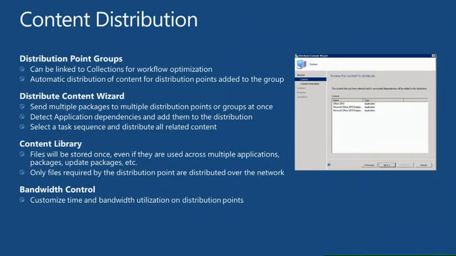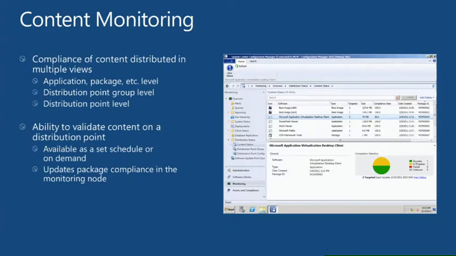You have a distribute content wizard that helps you have multiple packages go to collections, and also a content library that will be able to reuse the content. So it helps you in disk space, and also in bandwidth control. You can customize time, and you can customize the bandwidth utilized to push content out. So a lot of efficiencies can be gained through our content distribution methods.